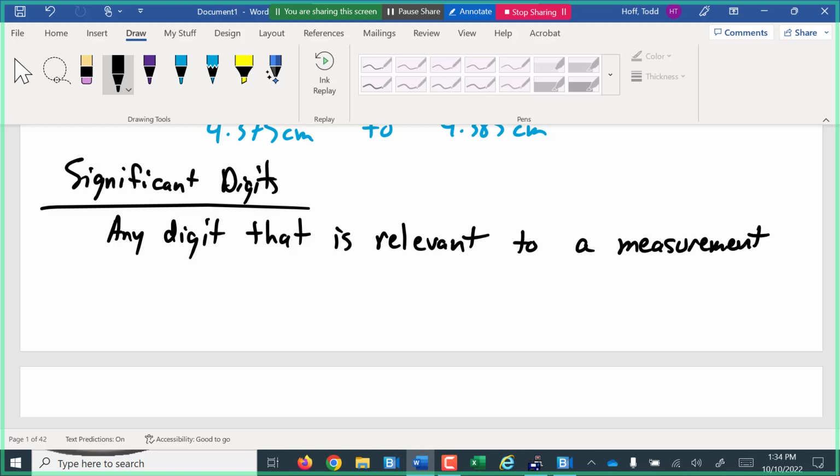I put relevant in there instead of the word important, because there are a lot of digits that are very important but not significant. So when I ask what digits are significant?